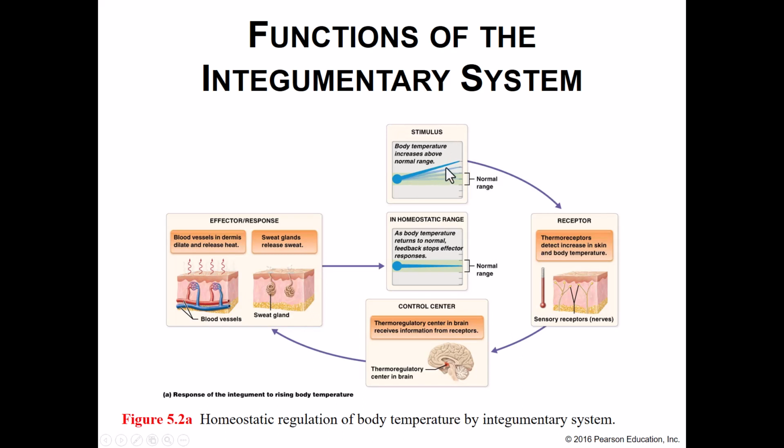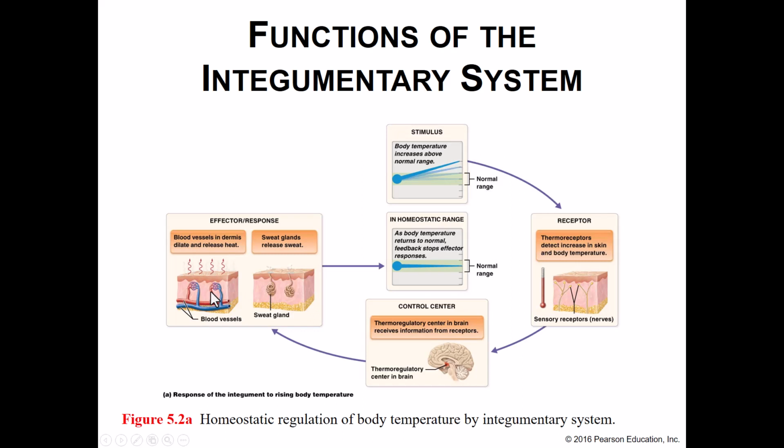And so here is a feedback loop. Remember, feedback loop is one of our main core concepts. When our body temperature gets too high, thermoreceptors sense that the temperature is too high and communicate with the brain to set off a series of events to cool us down. This causes vasodilation of our blood vessels, which rushes blood to the surface.